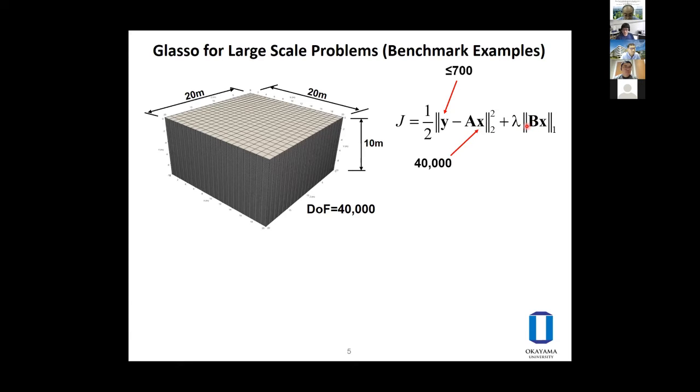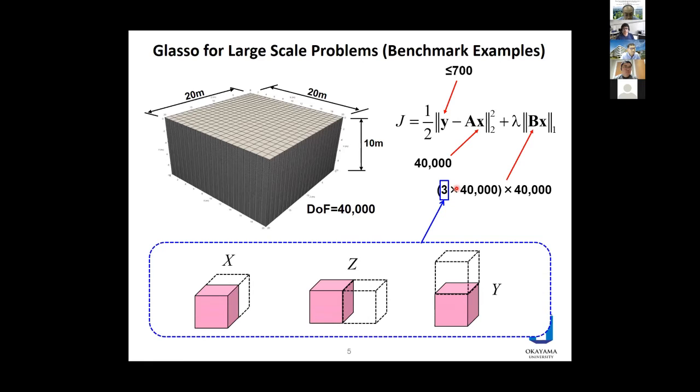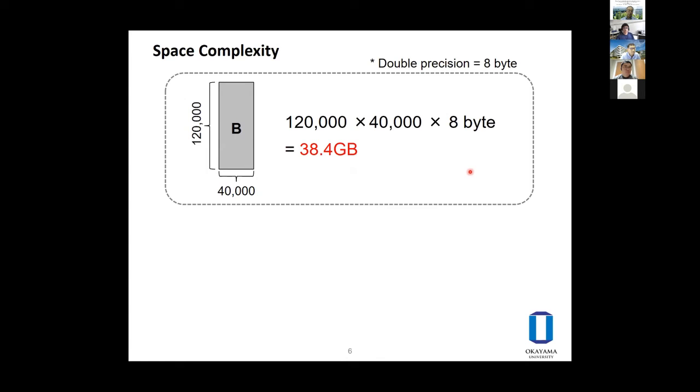However, the matrix is large because to model the matrix, you have to consider all three directions. In this case, the size of the matrix is 120,000 times 40,000. So I'll show you the size of this matrix.